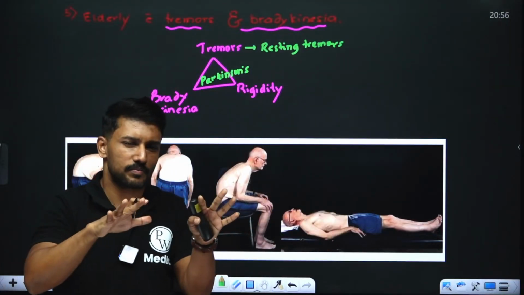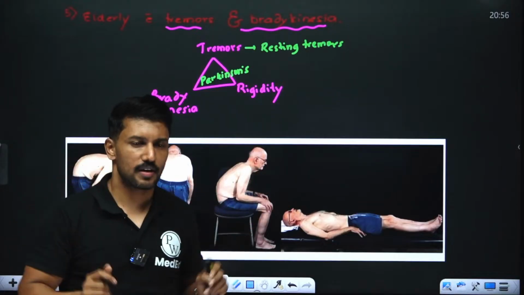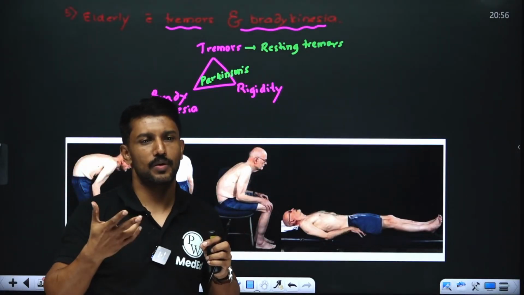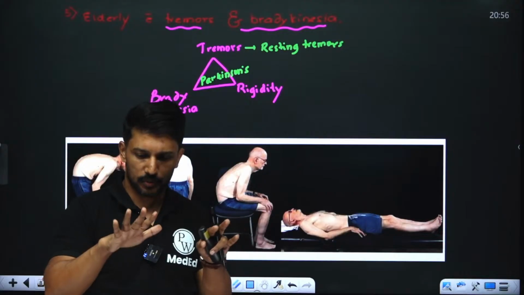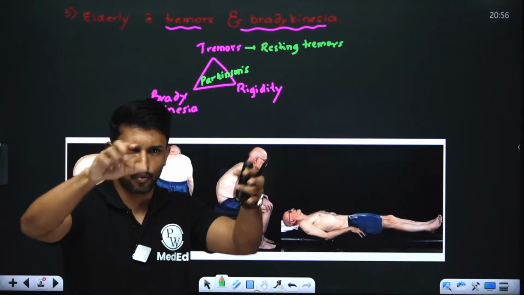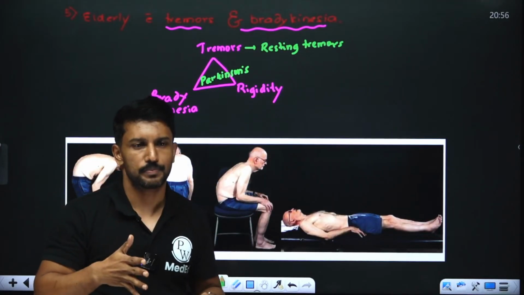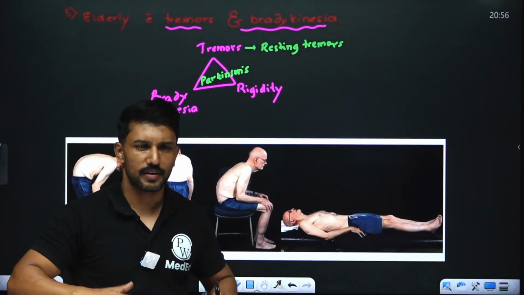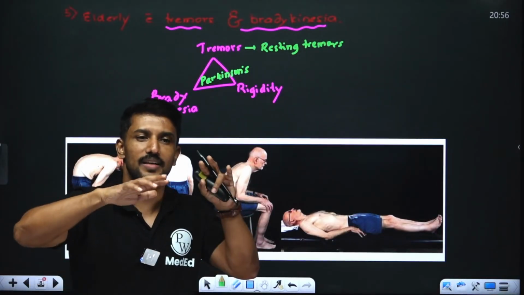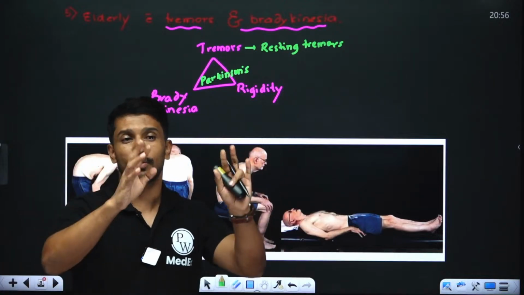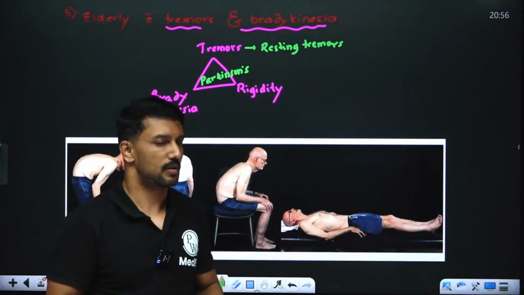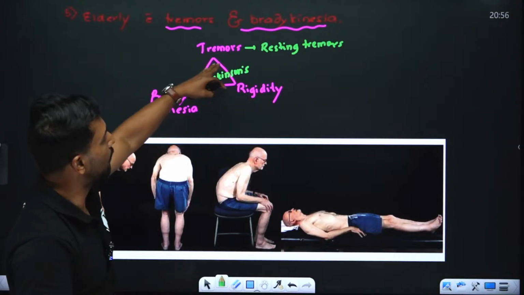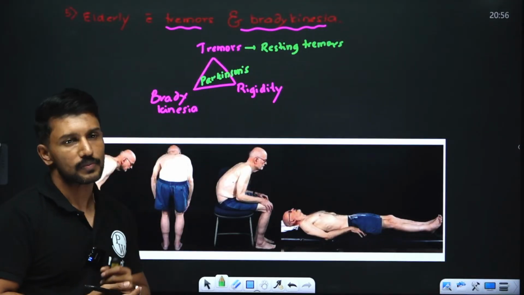With movement the tremor generally comes down. Then we have something called action tremor, where tremors are not there at rest, but when you try to move, do some voluntary work, the tremors appear. And then we have postural tremor, where tremor comes only when the limb is held against gravity, not at rest, not during movement. We call it postural tremor. The tremor that we get in Parkinson's is resting tremor.